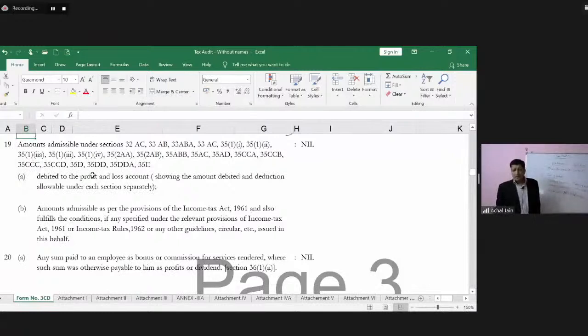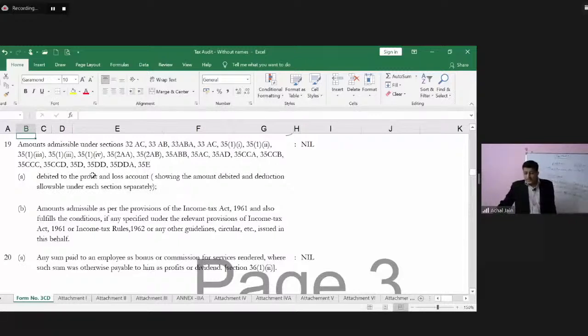20A requires employee benefits to be assessed. So this is something which can be checked by the auditor by looking at the payroll records. And here again, in respect of payroll records, it may not be easy for the tax auditor to verify the data of each and every employee.